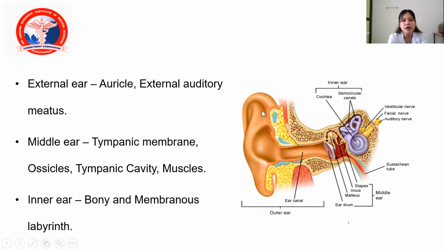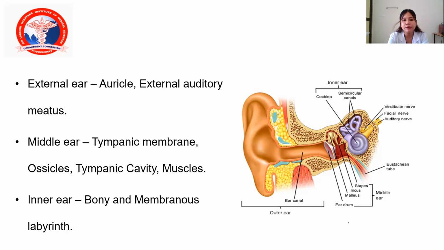So pinna or auricle and external auditory meatus, these are the parts of the external ear. After that, there is a membrane or curtain or a partition between the external environment and the internal environment of our body. That is called the tympanic membrane.